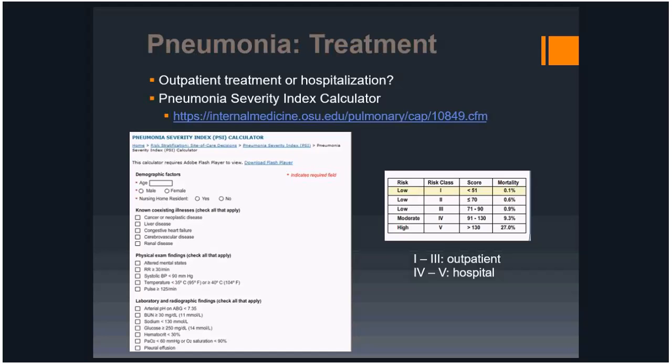You're able to answer the questions based on the patient's information and determine their risk, their score, and if they meet or fall within the category for outpatient treatment or if they're likely going to require hospitalization when making a decision about outpatient treatment or hospitalization.